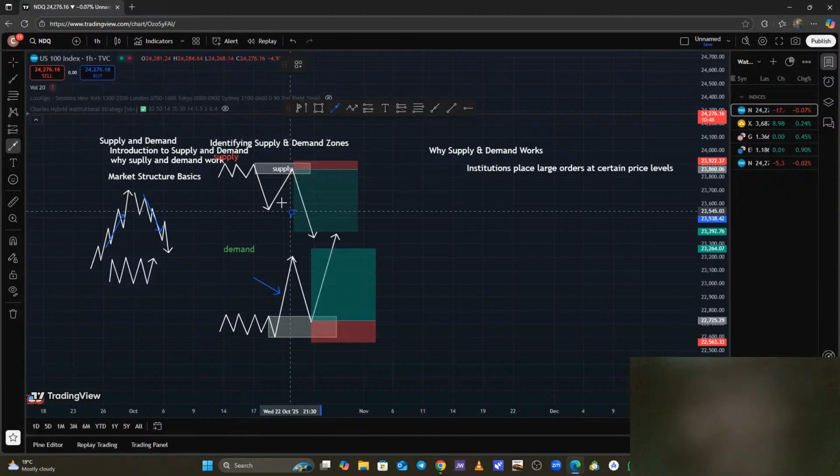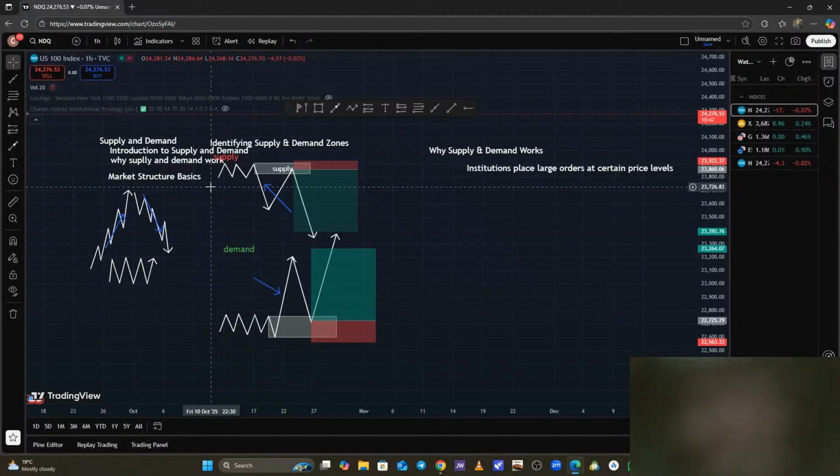These moves were caused by big orders. So the reason why supply and demand works, number one, is that large institutions place their orders at certain price levels. We need to identify these levels so that we can follow them.